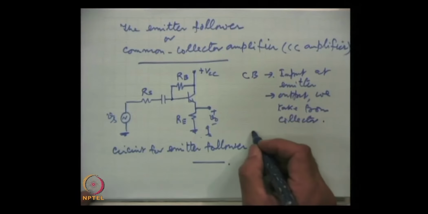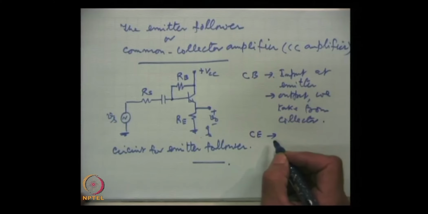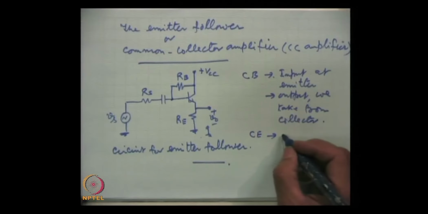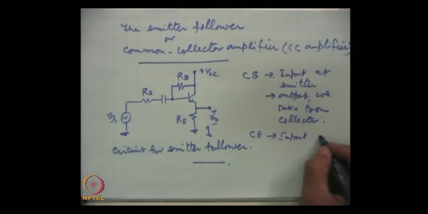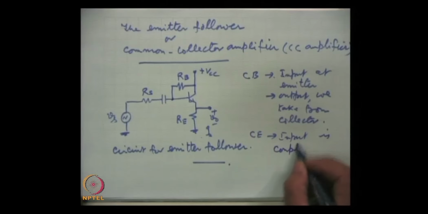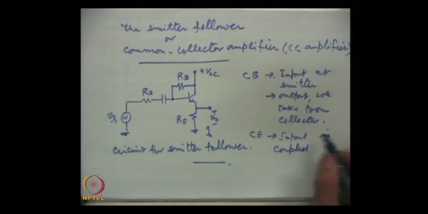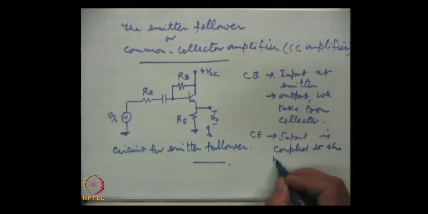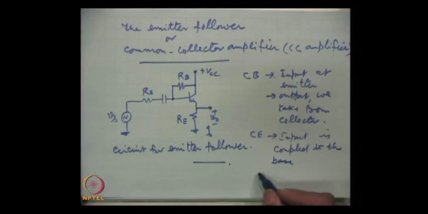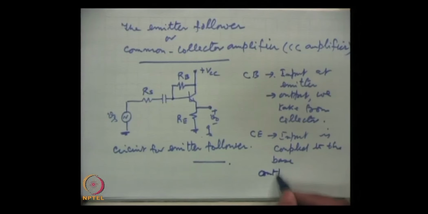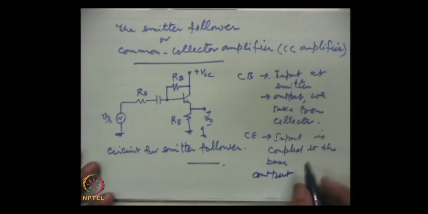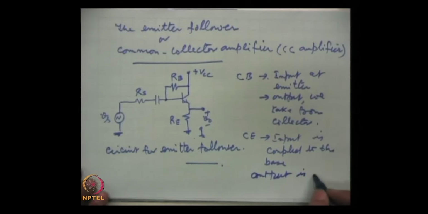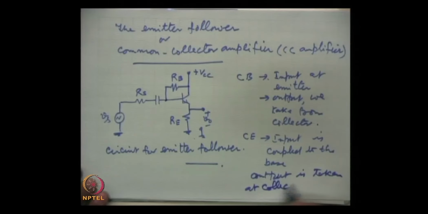In the CE common emitter amplifier, the input is coupled to the base and the output is taken at the collector.